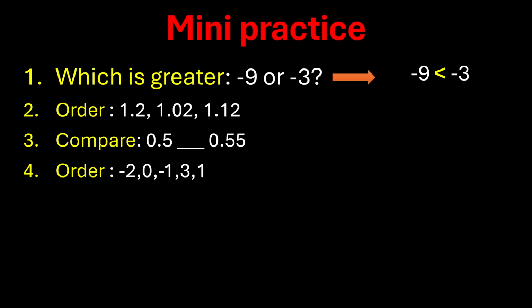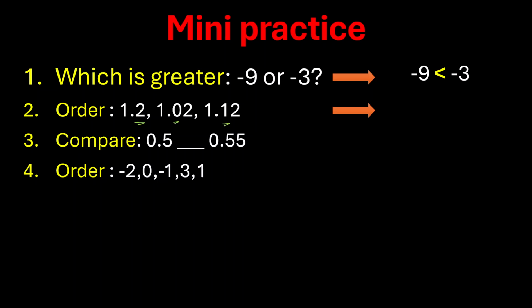Now order numbers. To order numbers, we have to compare first the integer side, 1. So 1 equal 1 equal 1, okay? And we now compare the decimal part, 2, 0. So here we have 2, 0 and 1.